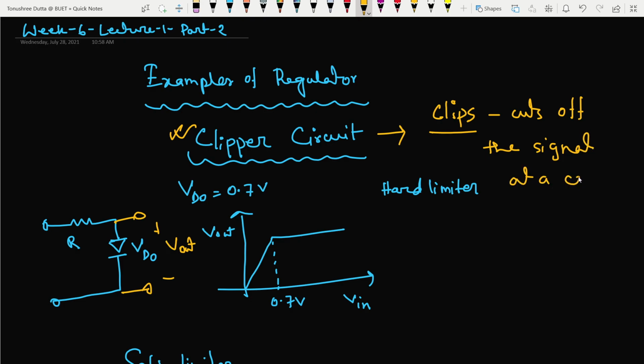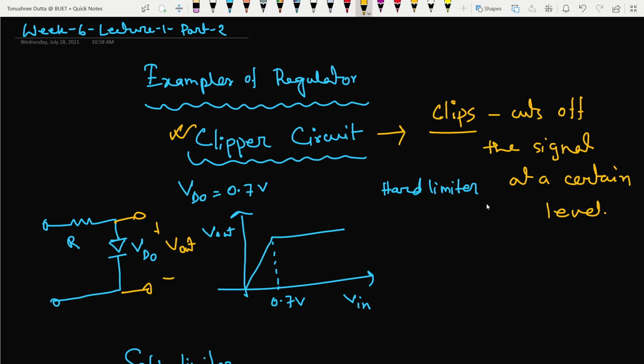at a certain level, which means whatever the input signal is going to be, the output is just going to be a single valued line. It just clips off anything that is above a certain level, or we can also say it clips off anything that is below a certain level.